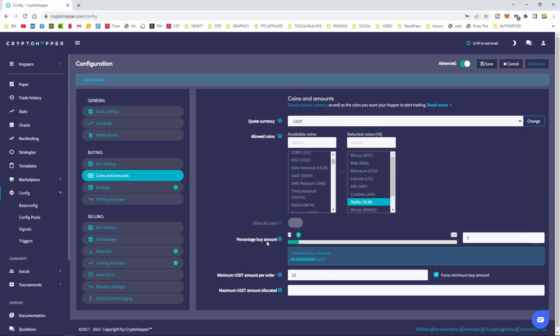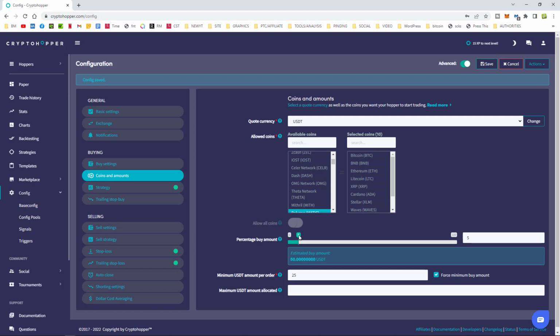Percentage buy amount. Now then, this is how much it's going to spend. When you get a signal to buy Bitcoin, for example, Tradingview doesn't know how much you want to buy. Tradingview is just going to send a signal to your Cryptohopper, and it's going to say, hey Cryptohopper, buy Bitcoin now.